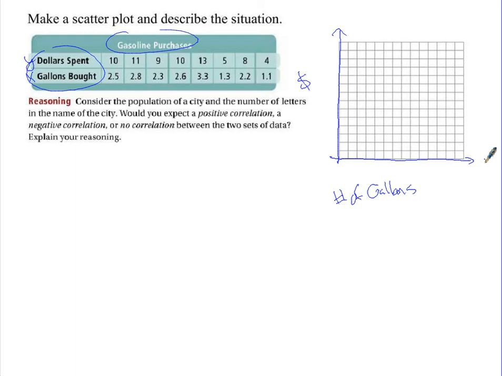We have 14 lines here. Go by halves. So that'd be 1, that'd be 2, that'd be 3, and then I'd be about there. If I go by quarters, 0.25, and so on up to 3.5.